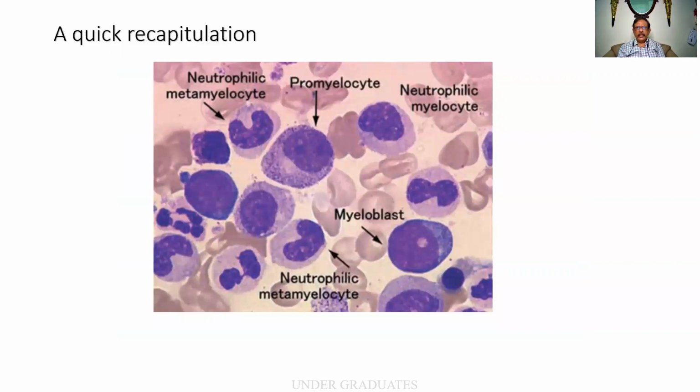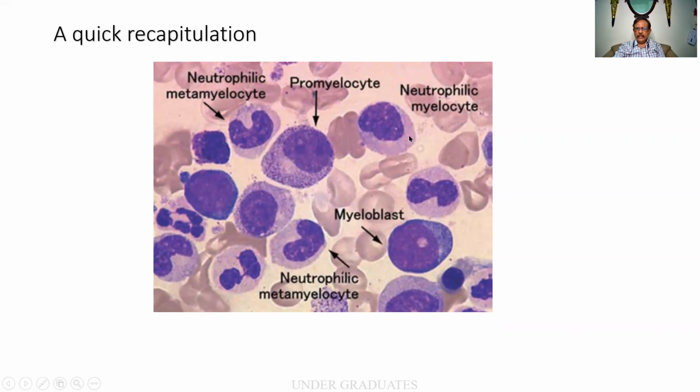A quick recapitulation. This will be a fundamental for the WBC pathology as such. We see that the neutrophilic series is a spectrum. It is not just an individual cell. I am finding mature neutrophils, neutrophilic metamyelocyte or a C-shaped cell, a myelocyte which is more spheric, and a promyelocyte.